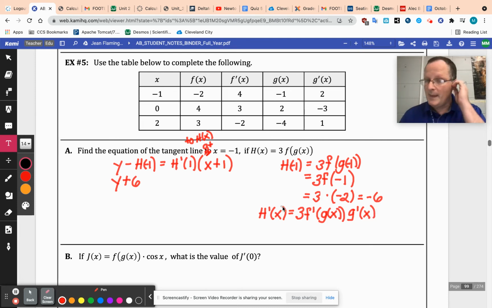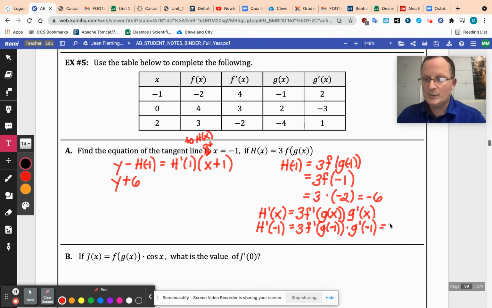So that means h prime of -1, which is the slope of the line we're trying to find, will equal 3 times f prime of g of -1 times g prime of -1.